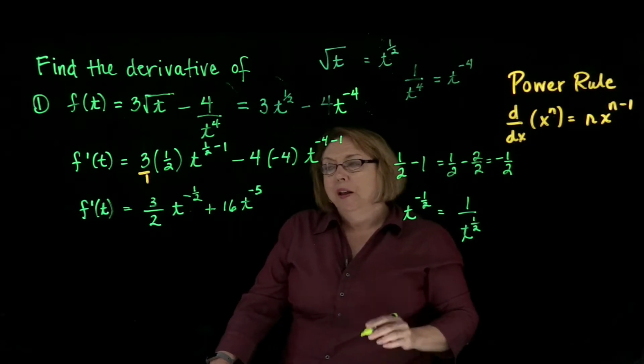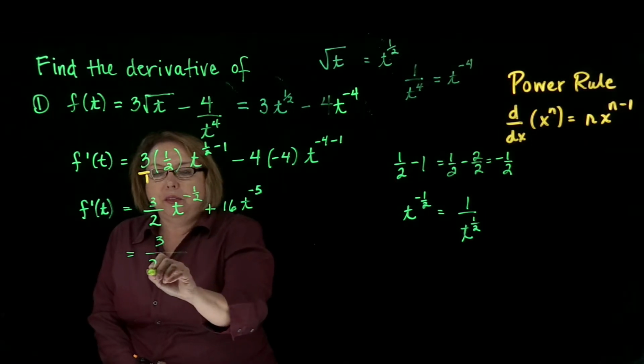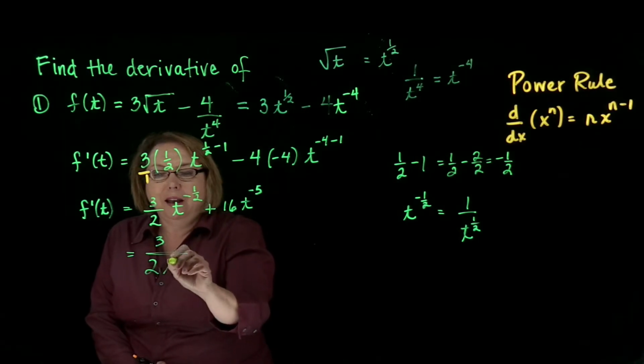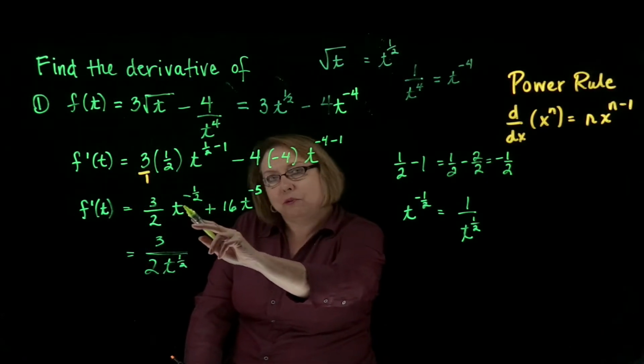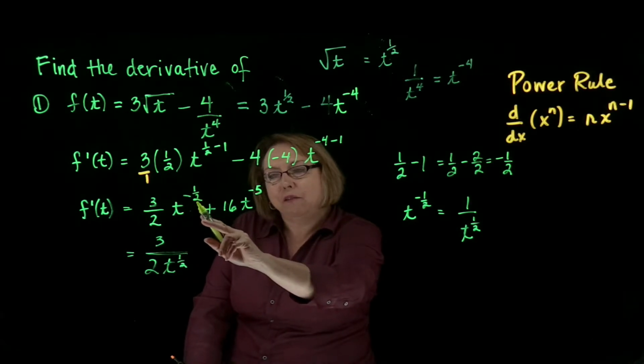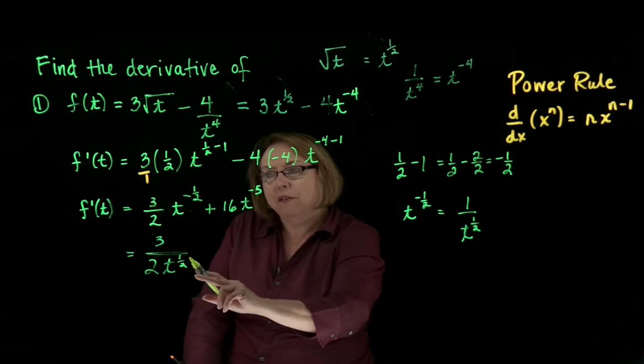So which means I would have 3 over 2, and then the 2 would be multiplied by t to the 1/2, because once again, that variable factor with the negative 1/2 power comes to the denominator and has a positive exponent on it.